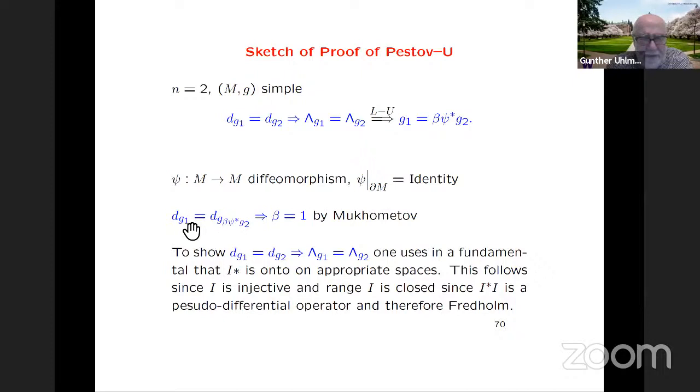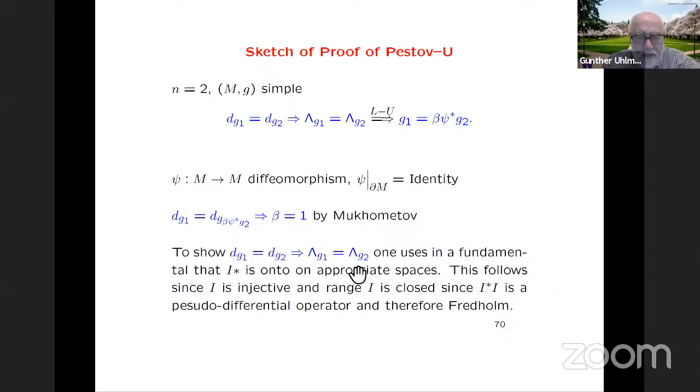So we have this. But now Mohammed's result, this should be G2 here, says that the conformal multiple must be 1. As the conformal multiple, this is the result I mentioned before for isotropic metrics. Then G1 must be equal to psi star of G2, if beta is 1. So this is the idea of the proof.